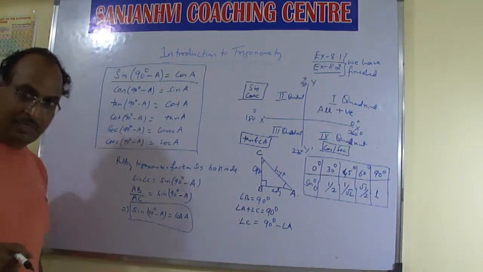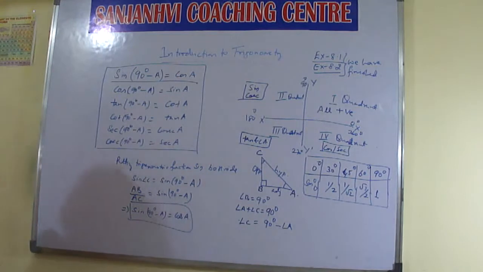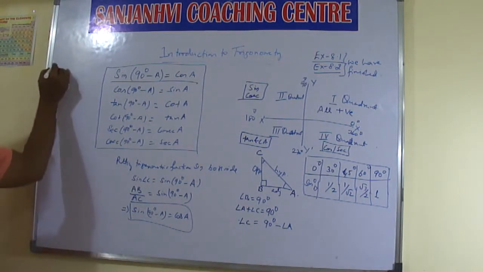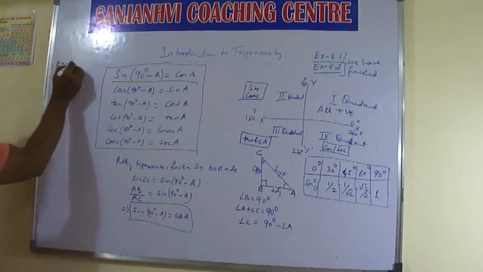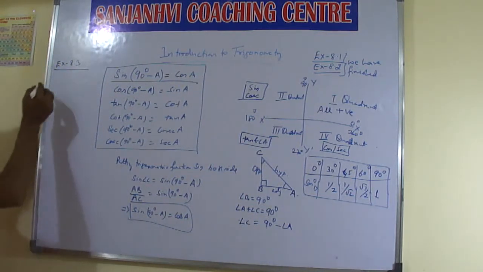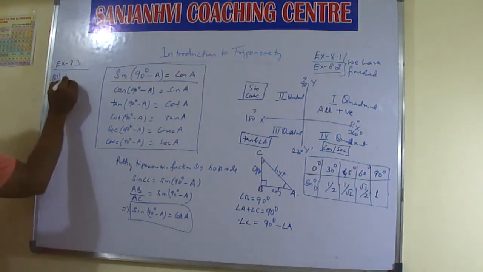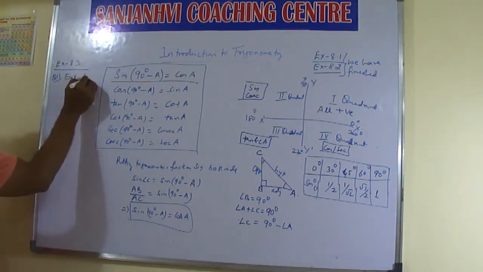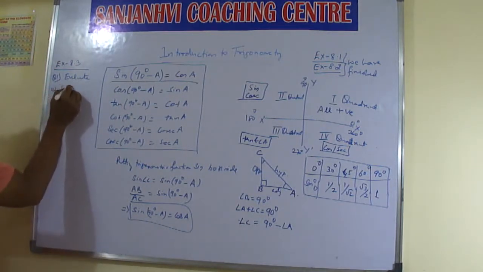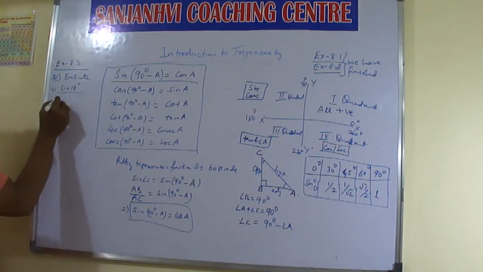Let us solve some questions of exercise 8.3. Question number 1 says: evaluate sine 18 degree divided by cos 72 degree.